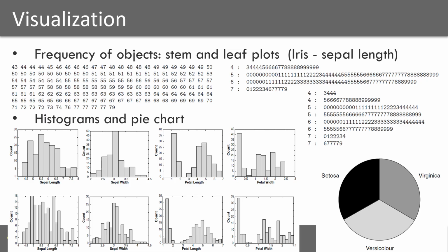So in total 150 data elements in this data set are uniformly distributed among these 3 subtypes of the plant, and therefore each of these segments has exactly the same area or angle, or however you want to characterize it.